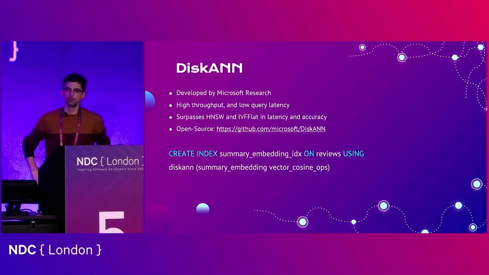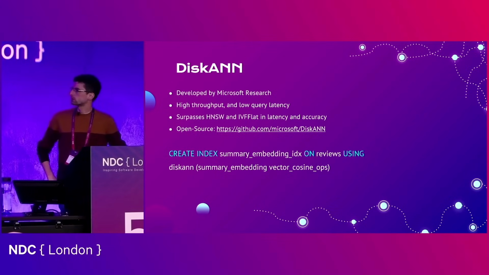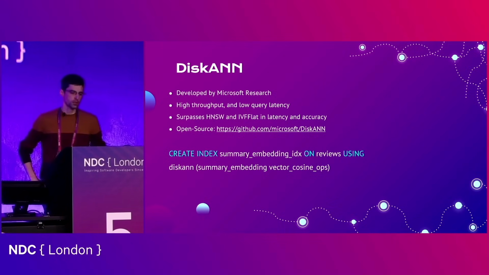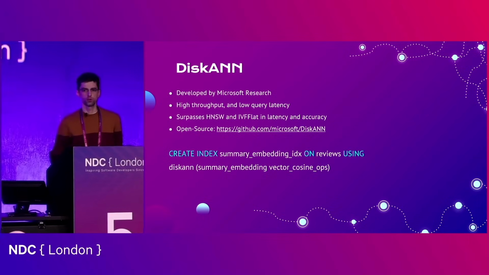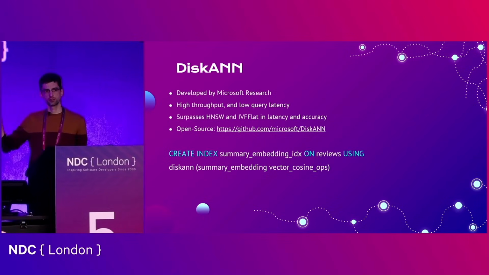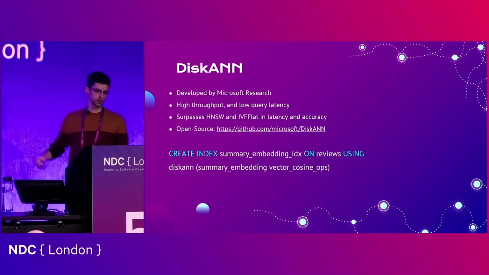So one of the indexing strategies that we can use with Postgres and pgvector is this one. It's an open source project from Microsoft Research. It has very high throughput and low latency, and it beats other indexing strategies in terms of RAM and CPU usage.